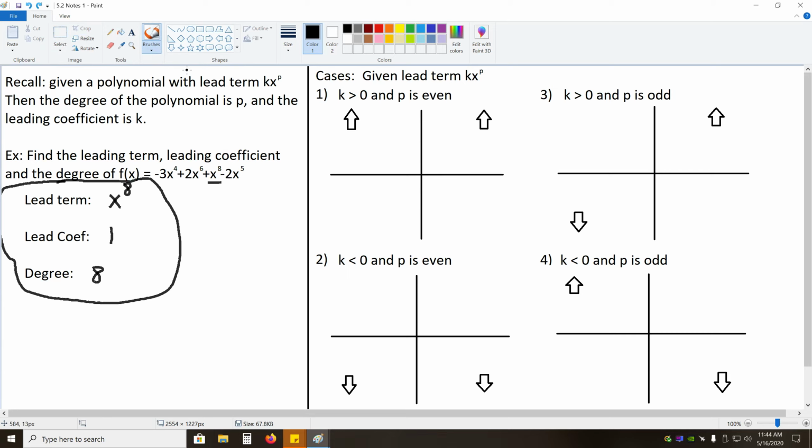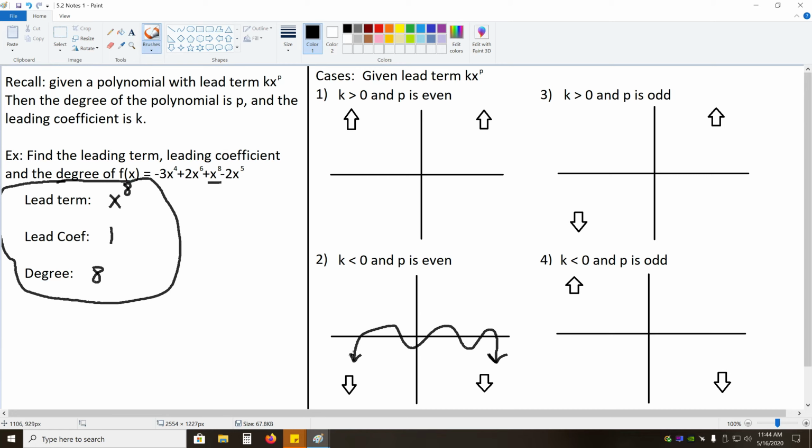From there, we say that if k is less than 0 or k is negative and p is even, then both ends go downward. And in this case, the graph might look something like this. Again, though, we do not know what's in between.